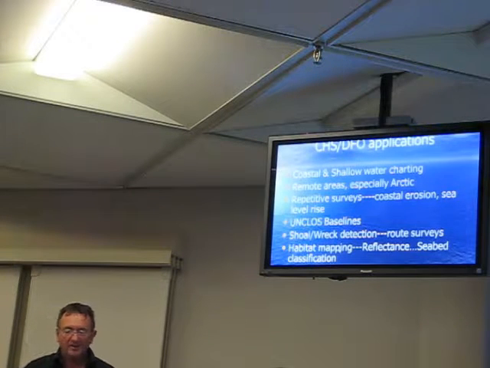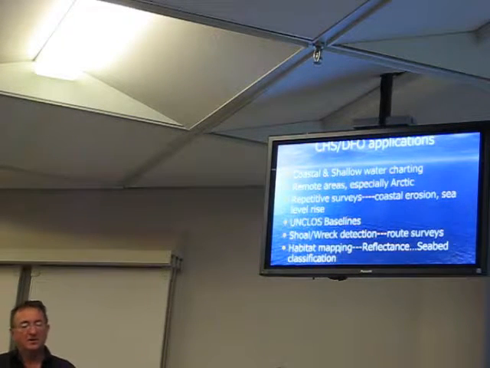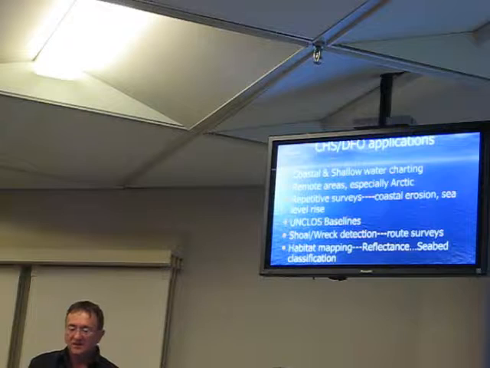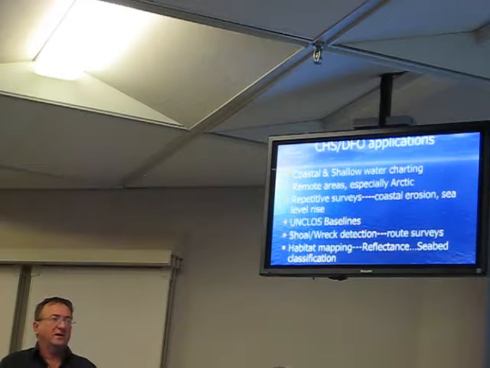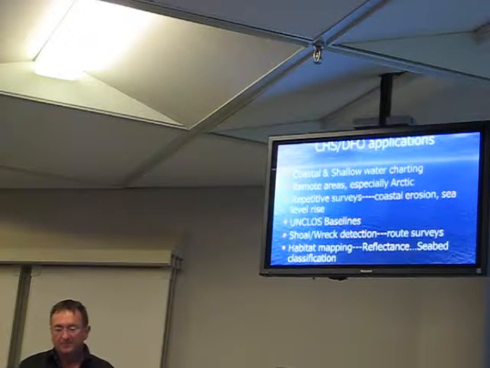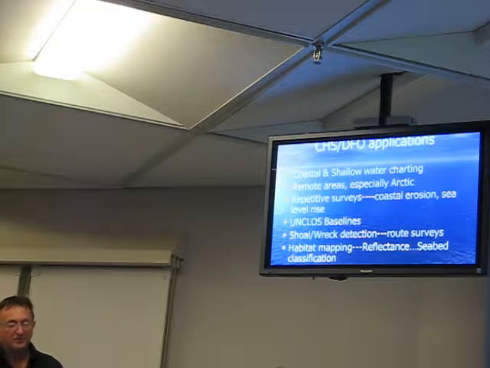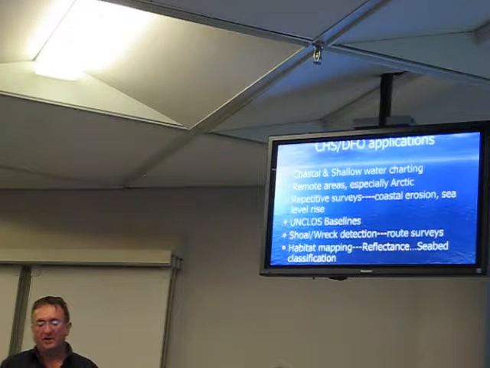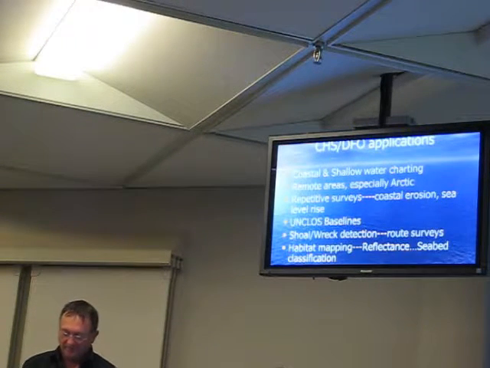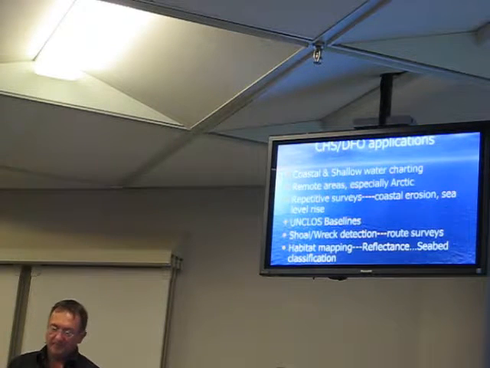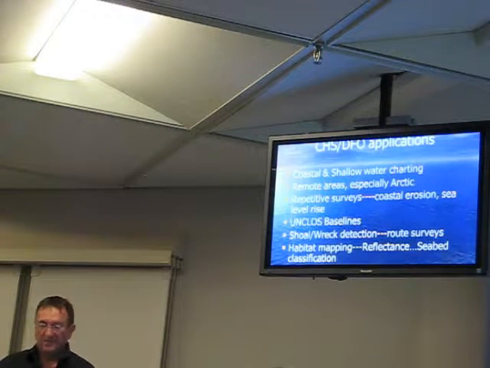Habitat mapping. We work with other parts of DFO and other departments, of course. And so LiDAR also gives reflectance, which is the amplitude or shape of the return pulse, and from that you can infer the type of bottom along with other ground truthing information.